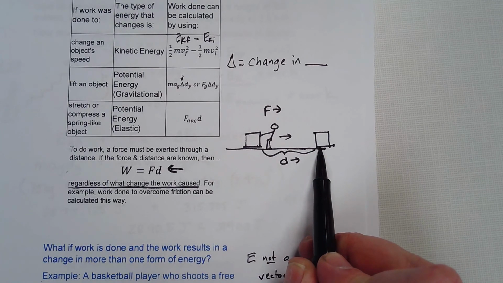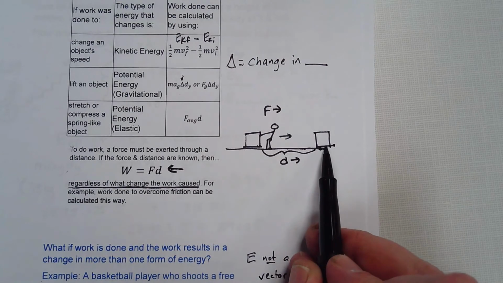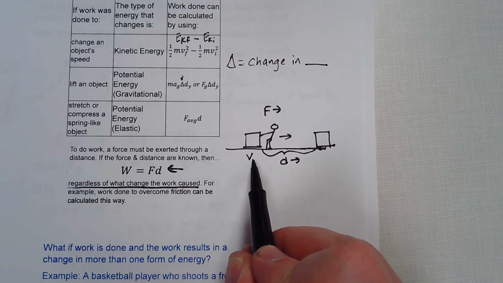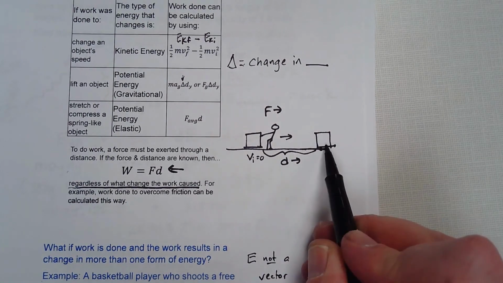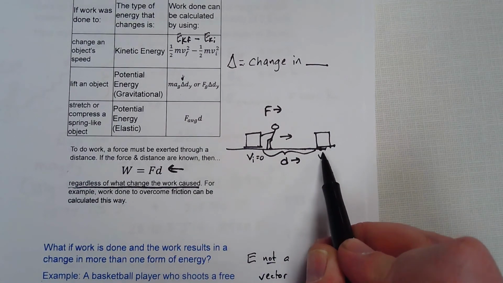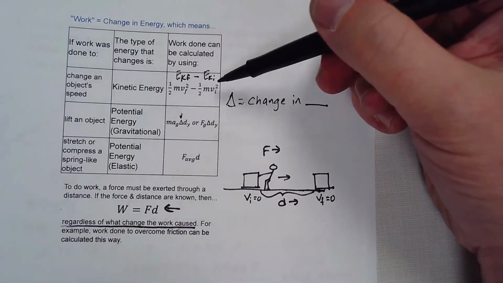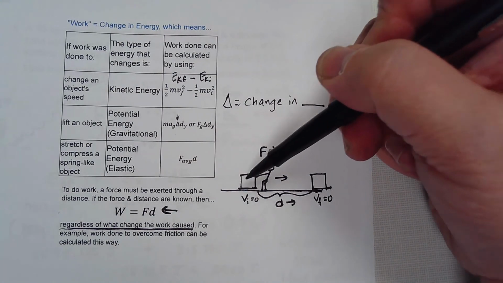Except it's at the same height. So there's no change in gravitational potential energy. It's not elastic, so we didn't stretch it or compress it. So there's no spring potential energy. And if the velocity here at the start was 0, we drag it across the floor and we leave it there, so the final velocity is also 0. That means we didn't change its kinetic energy from start to finish.